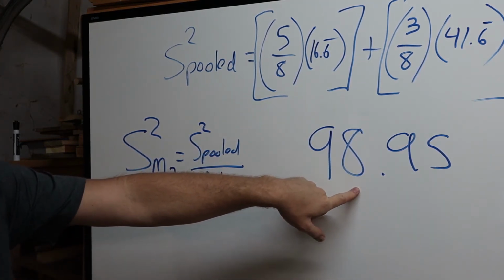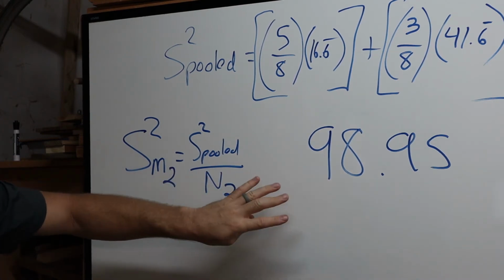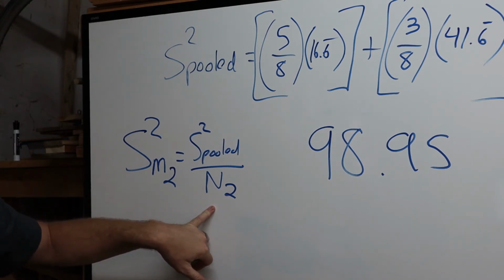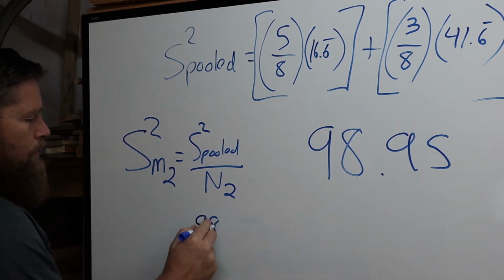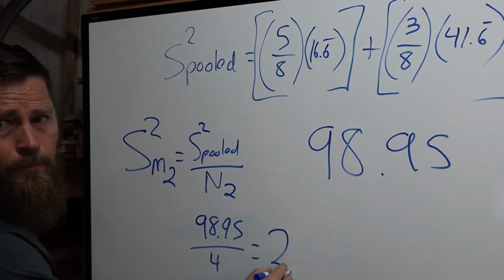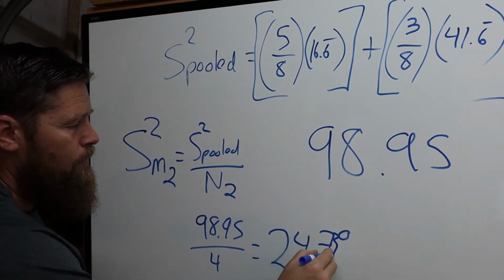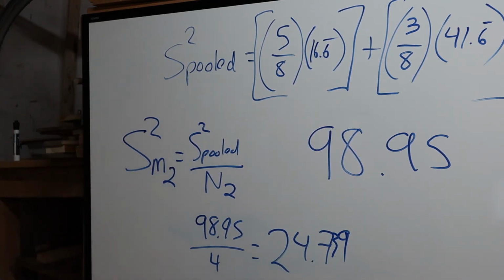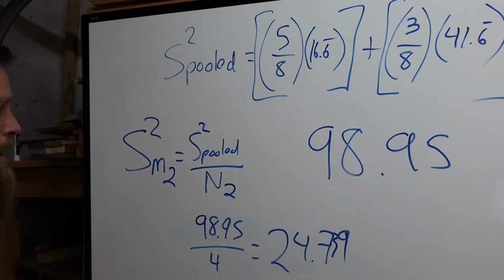So when we divide 98.95 by 4, because that's the n for group 2, we get 24.739. So now we have S2 sub M2, and we have S2 sub M1.